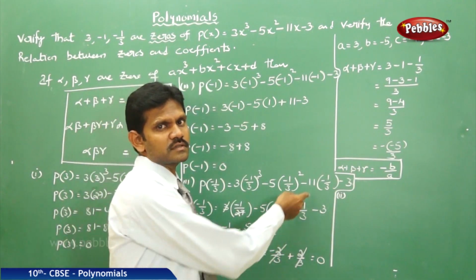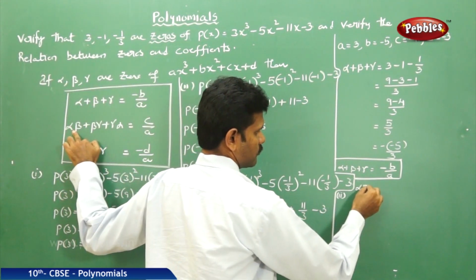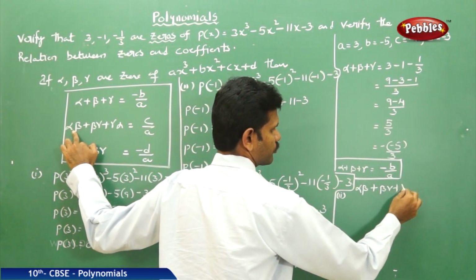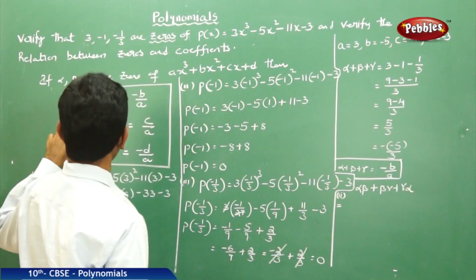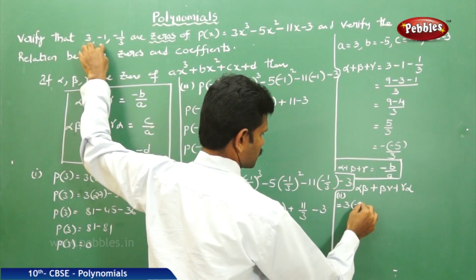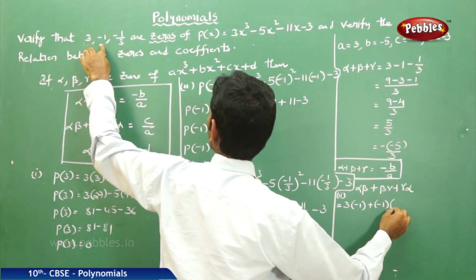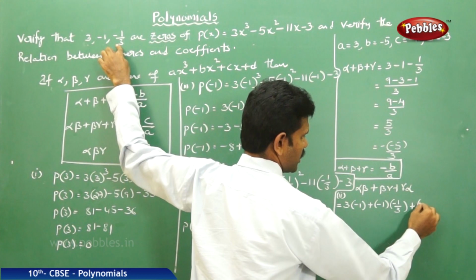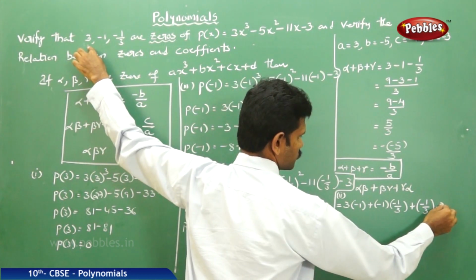According to this second condition, alpha beta plus beta gamma plus gamma alpha is equal to alpha 3, beta minus 1, 3 times minus 1, beta minus 1, gamma minus 1 by 3, plus gamma minus 1 by 3 into alpha 3.